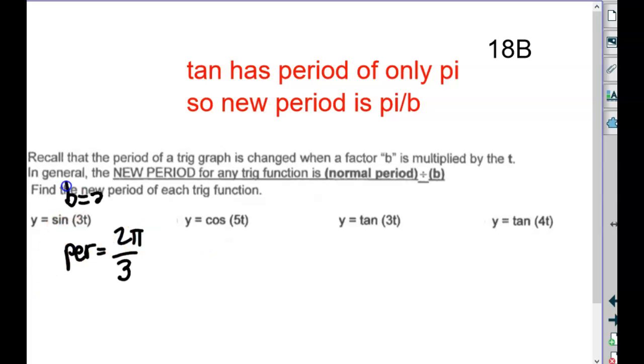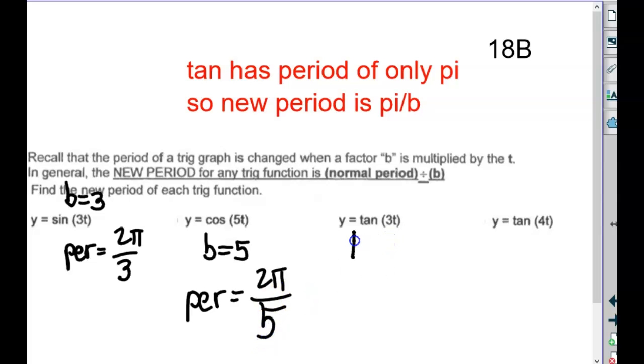maybe I need to separate that because there was some confusion on the quiz. The b is the number in the equation, but the period is the normal period divided by that. So if this is a cosine, it's 2 pi over 5. But when it's a tangent with a b of 3, what's the new period?